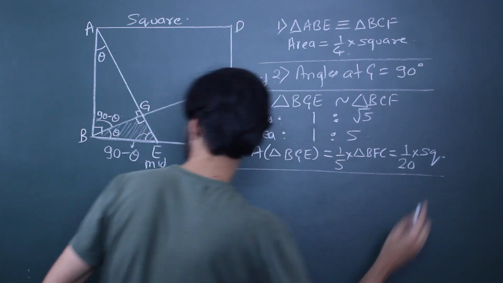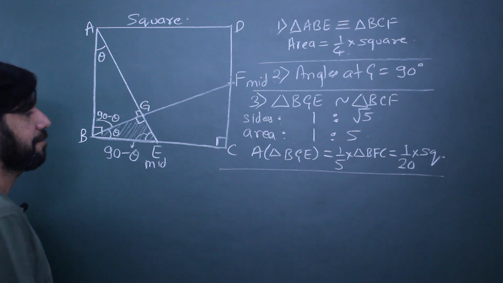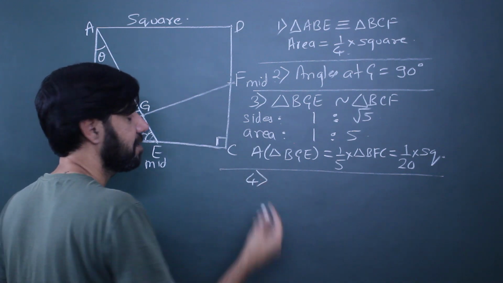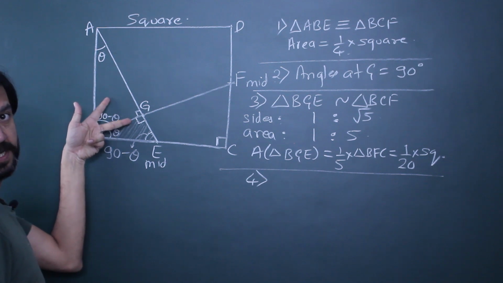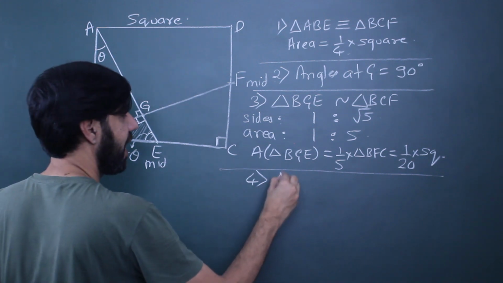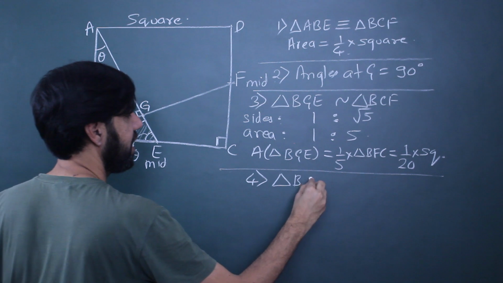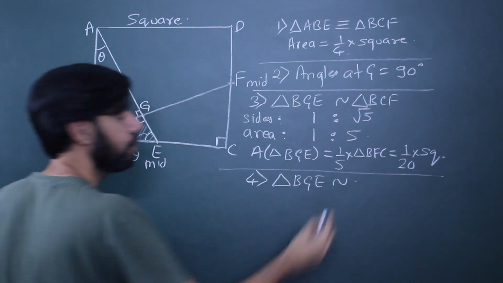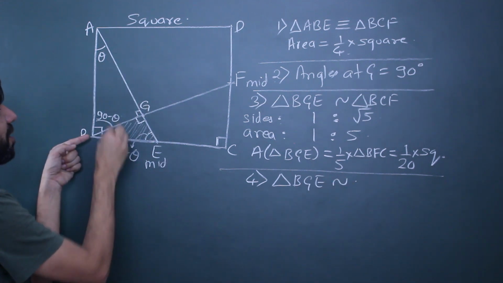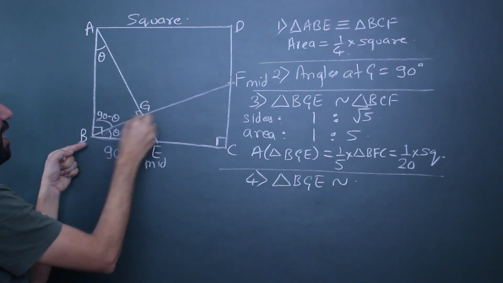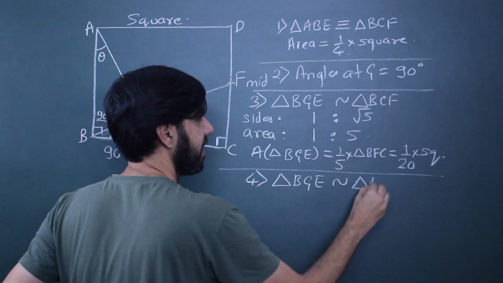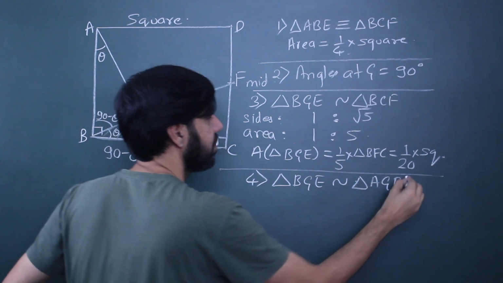Lastly, there's one more pair of similar triangles which could be interesting, that of these adjacent ones. So triangle BGE is also similar to, start with theta, theta, 90, 90 minus theta, triangle AGB.